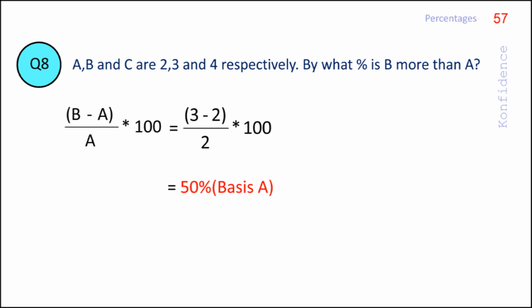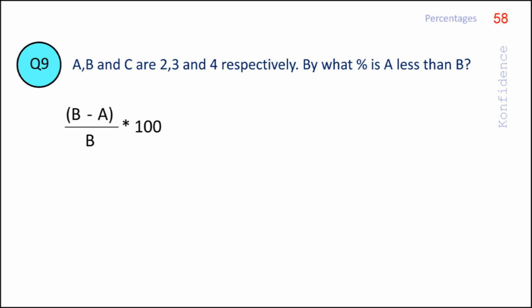It is very important to note that the basis of calculation here is A. In question 9, the answer would be (B minus A) divided by B into 100, that is equal to 33.33%. Note carefully that the basis here is B.